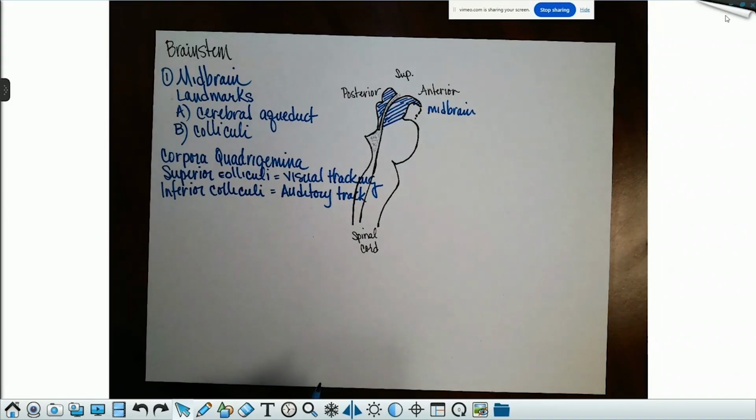That's visual tracking. Visual tracking can happen without actually processing light in the occipital lobe. I know, it's fascinating.